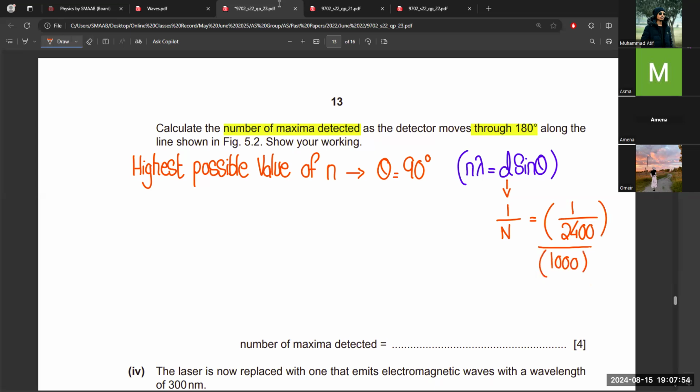So when you flip the values, per millimeter, you get 1 over n is equal to 1 over 2,400,000.